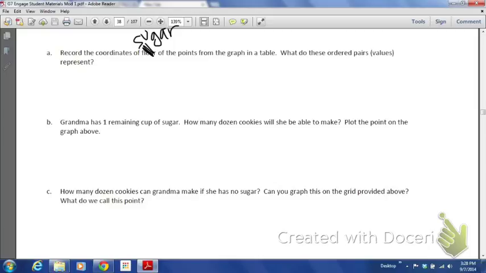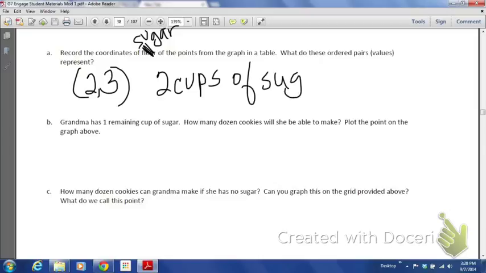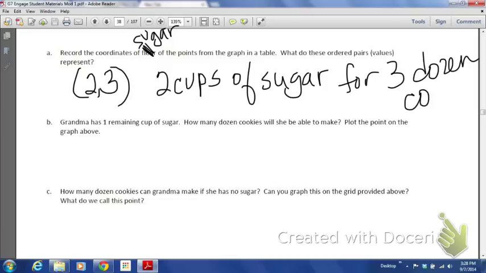So for example, 2 and 3 just represents 2 cups of sugar and 3 dozen cookies.